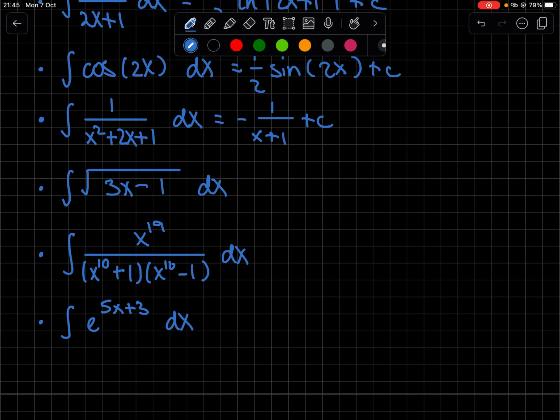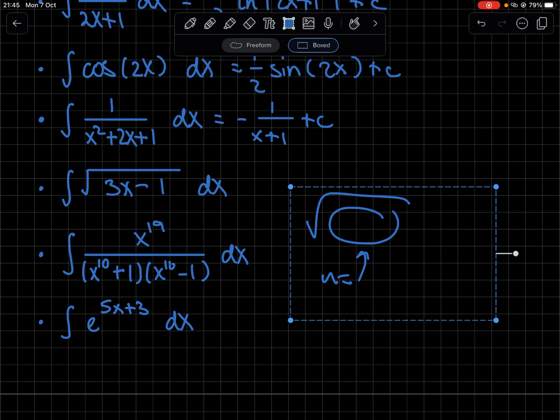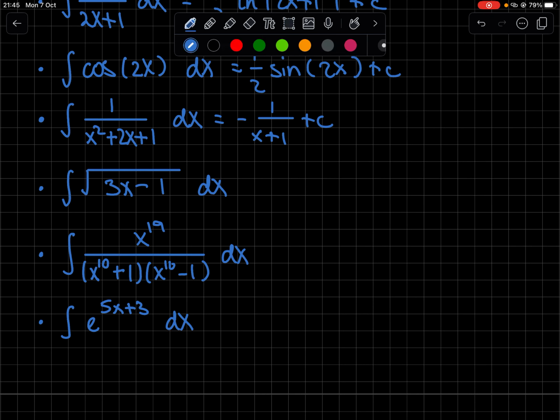Square root of 3x minus 1. So again, this is a perfect example confirming the rule, for this case at least, that when you have the square root of something, you should make u equal to whatever is here. So let's do that. We'll say u equals 3x minus 1.